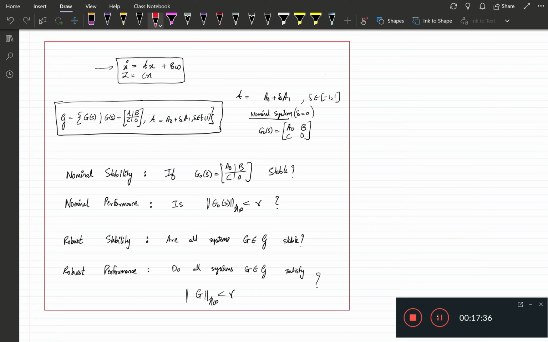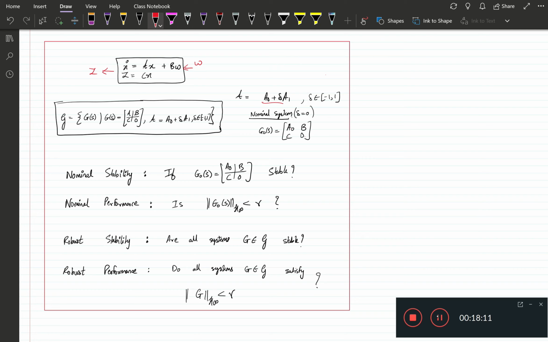So x dot equal to Ax plus Bw and z is Cx, where A is again of this form, but now we have an input w and an output z. So let's first look at the nominal system, which is when delta is 0. When delta is 0, we can define the nominal system to be G0(s), which is A0, B, C, and 0.